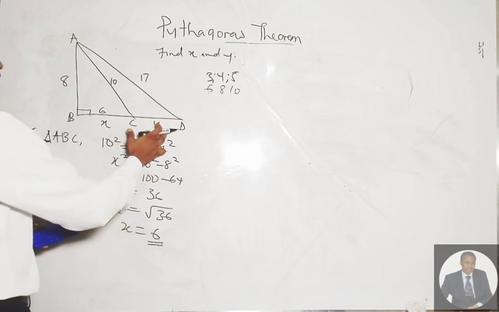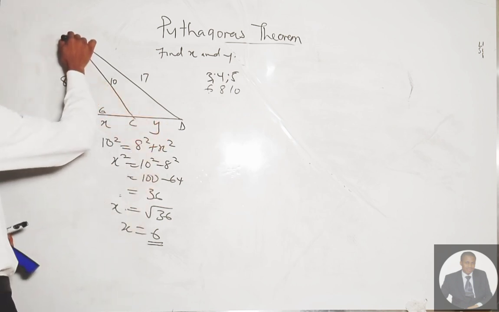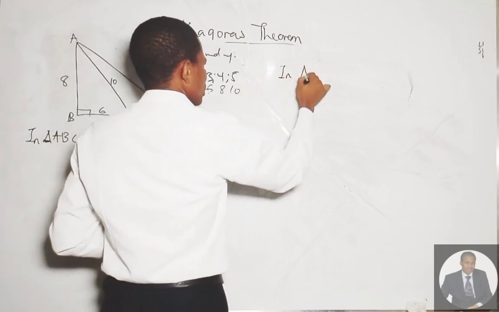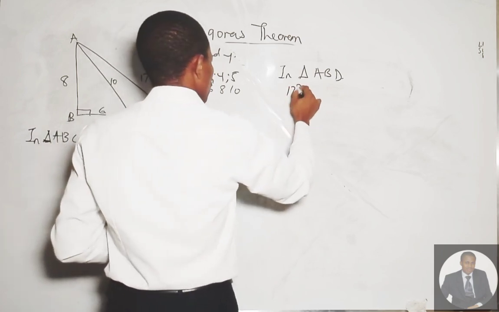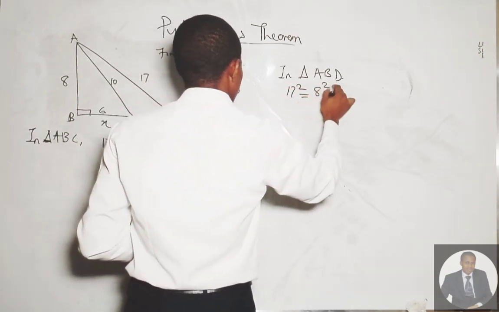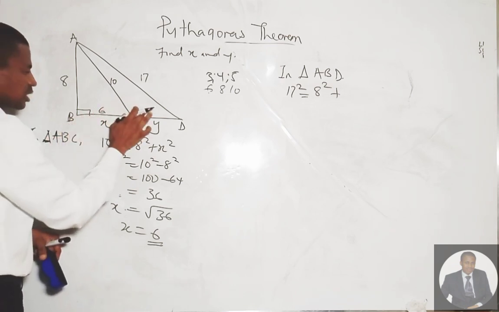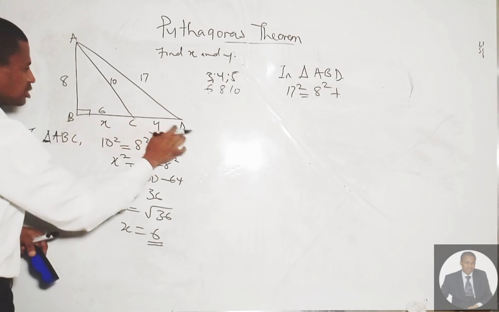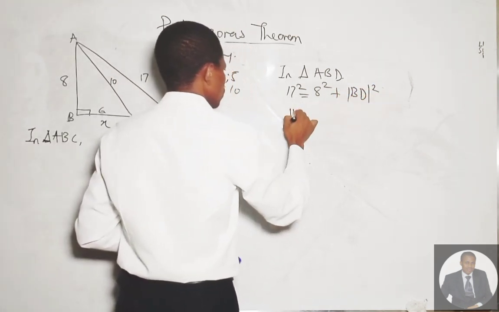Then we can look for y. How do we get y? To get y, we have to look at triangle ABD. In triangle ABD, 17 squared equals 8 squared plus, to make it easy, we'll just say line BD squared.